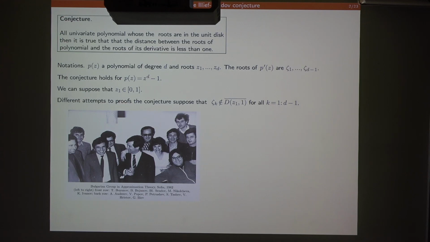In all this, P is a polynomial of degree d. Its roots are z1, etc., zd. The roots of p prime, the derivative, are zeta 1, etc., zeta d minus 1.